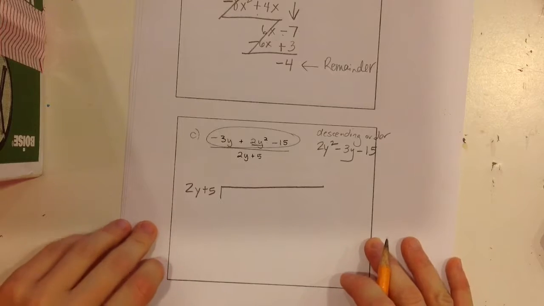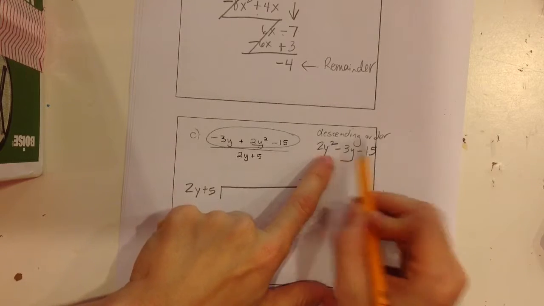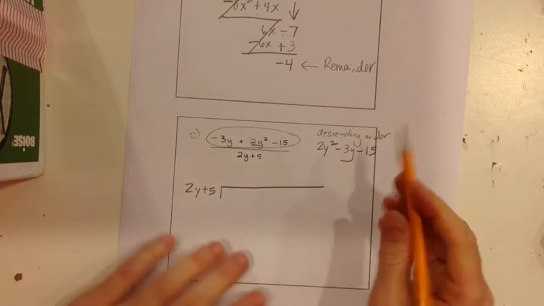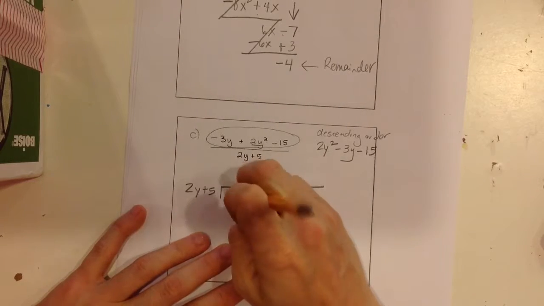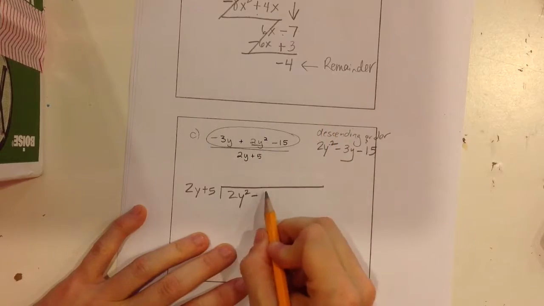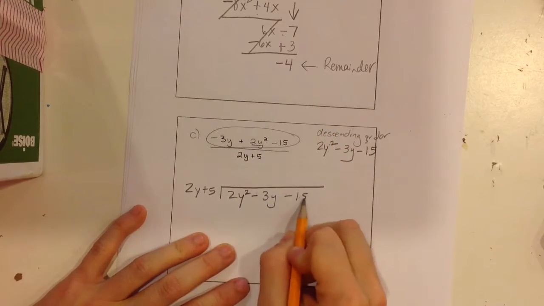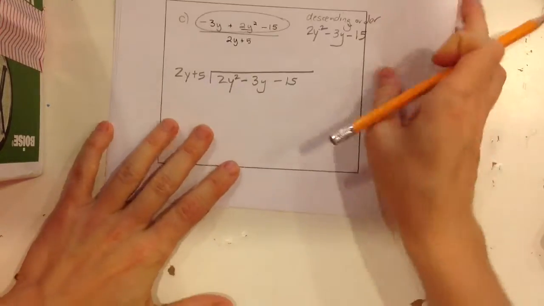Okay, so I have it in that order where my x squared's first, then my x to the first, then my number. So now I'm going to put it down into my division problem, and I'm going to go ahead and start.